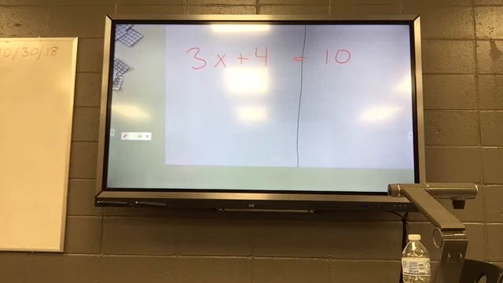First step is good. So then these would all cancel out, and then these would cancel out. And that would leave these two. So x equals negative 4. Very good.